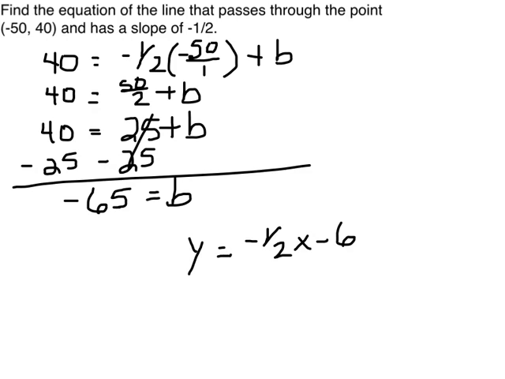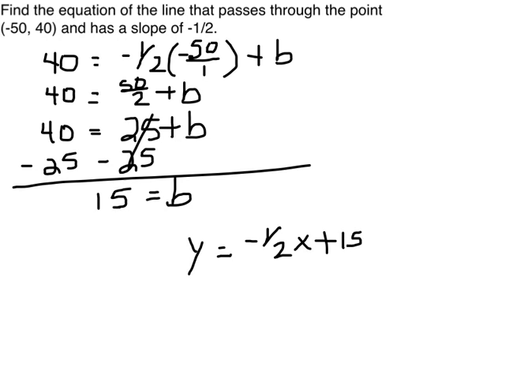When I subtract 25, though, I don't get negative 65. What I actually get is 15. 40 minus 25 is 15. So then my equation is y equals negative 1/2 x plus 15.